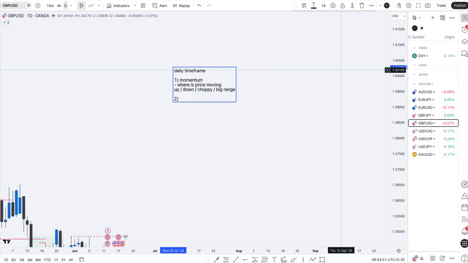Then the second thing I look at is, where is the closest draw on liquidity. If the draw on liquidity is weak, that means it's a higher high or a lower low, then I use it for setting targets.